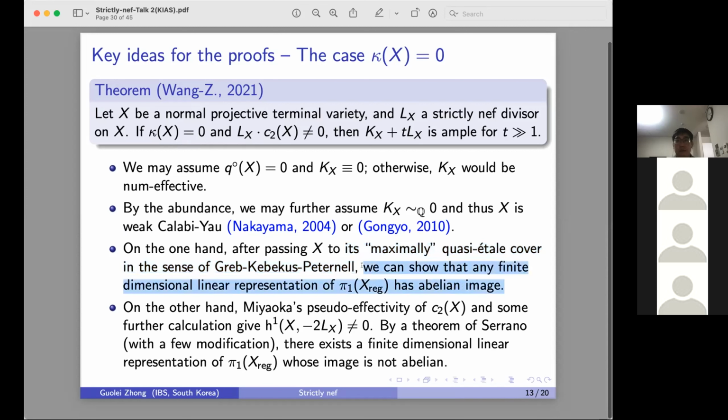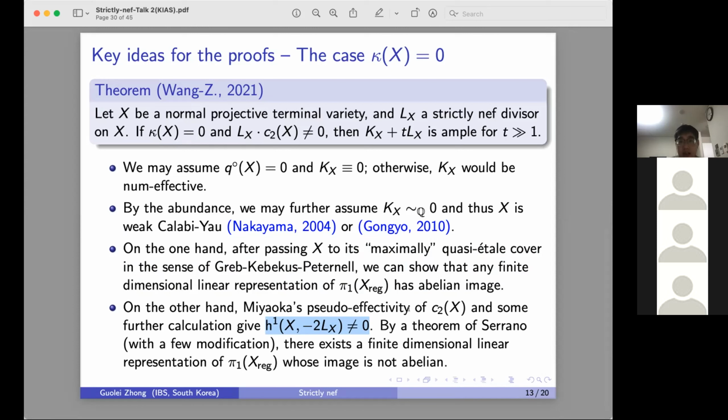Okay. So on the other hand, Miyaoka's pseudo-effectivity of this c_2 implies, as Shen mentioned in the beginning, that this L_X times c_2 will be positive. Then some further calculation will give this H^1 non-vanishing. Then if this is non-vanishing, by a previous theorem with a few modifications, we can show there exists a finite dimensional linear representation whose image is not abelian.